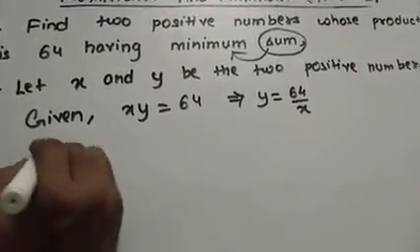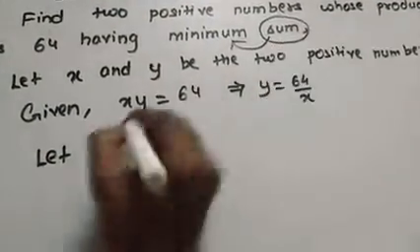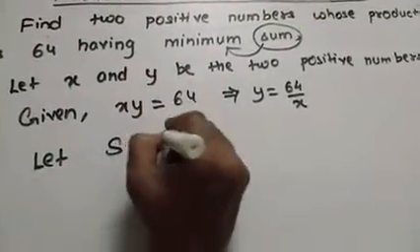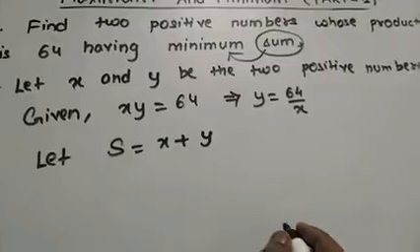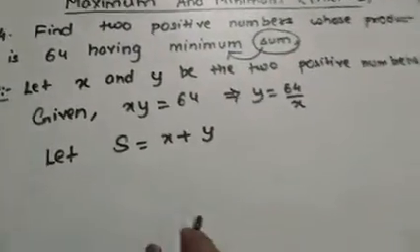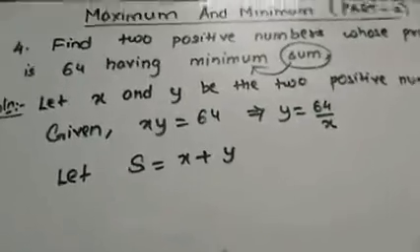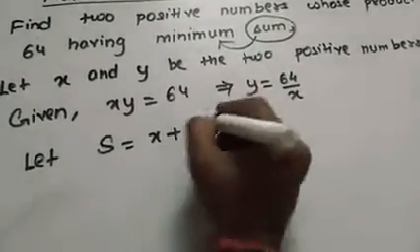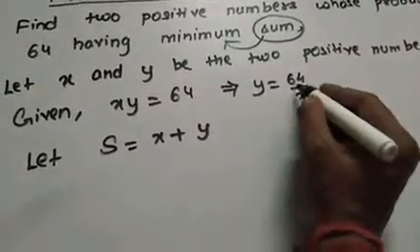So now we denote the sum by s, the sum of these two positive numbers, x plus y. Given that their sum is minimum, first of all we have to find the first derivative. Oh wait, let us put the value of y first. What is y here?